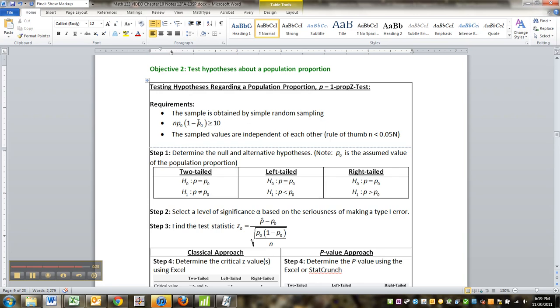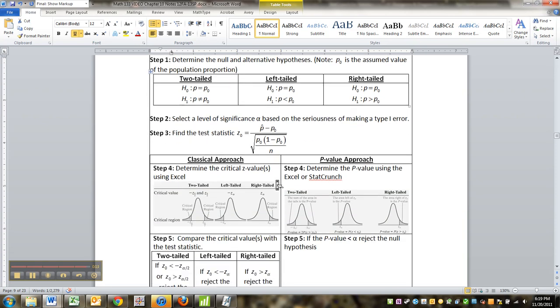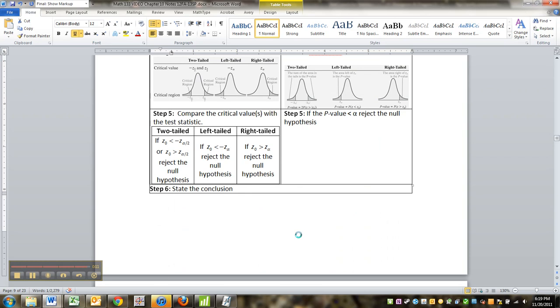This is to ensure that it's normal for a proportion. You have to assume that samples are independent. That's why n has to be less than 5% of capital N. If that's the case, then you get these hypotheses, which look like this. And then you have test statistic and then these different approaches and so on. And notice the last part stating the conclusion. That's there is enough evidence, blah, blah, blah.